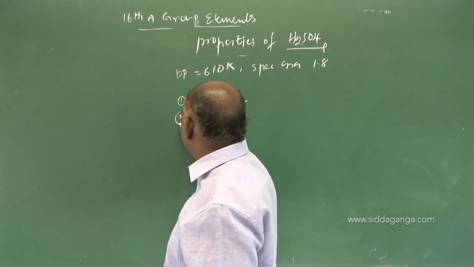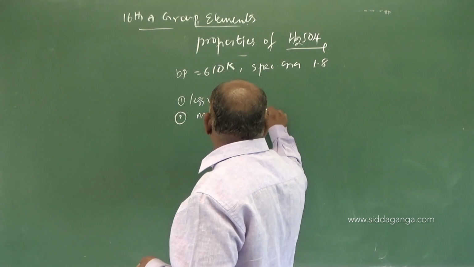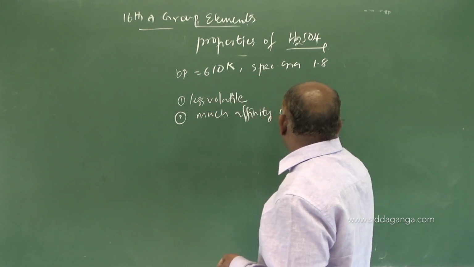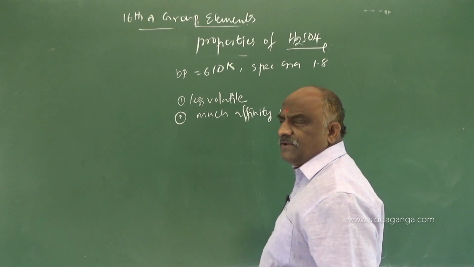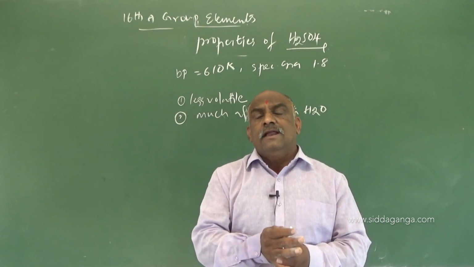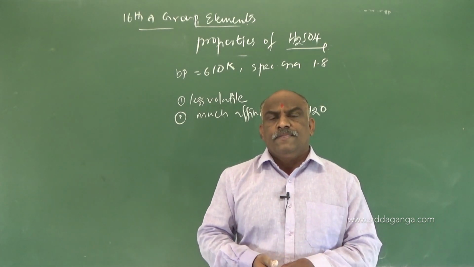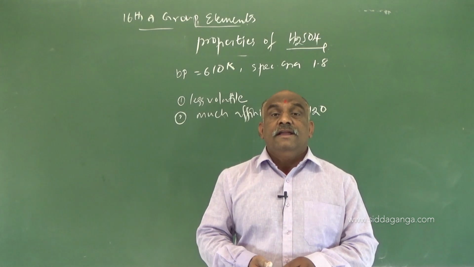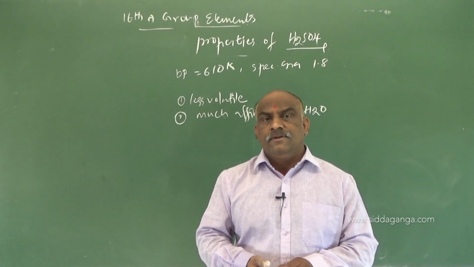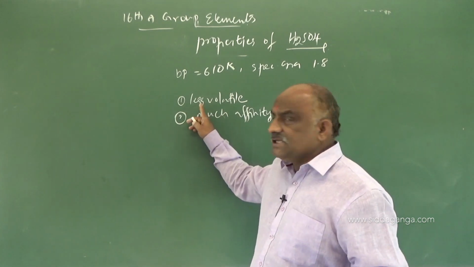Second, much affinity with water. Where a water molecule is there, it can simply collect the water. Due to that reason, it acts as a dehydrating agent, and it is less volatile.